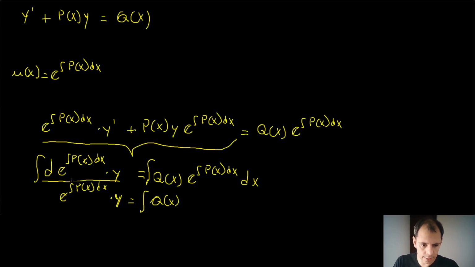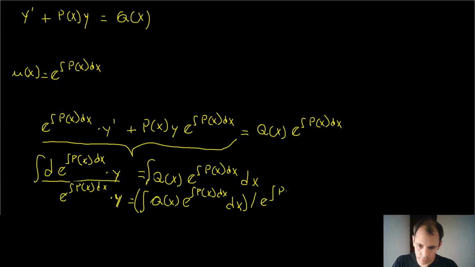So you integrate this side because this was differentiating. So you integrate, you no longer have this integral here because you already integrated. So it's going to be the integral of this stuff, e to the p of x dx, dx again, okay? And now you're going to get this whole thing and divide by e to the integral of px dx.